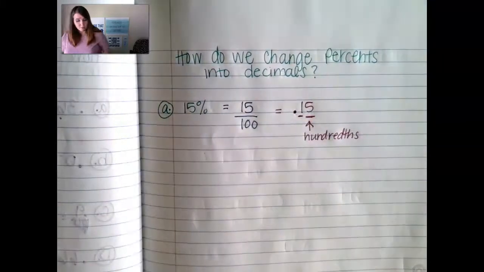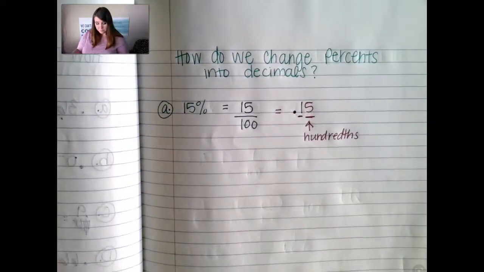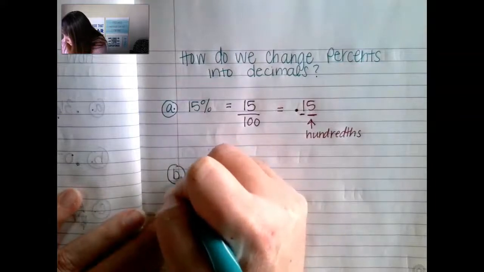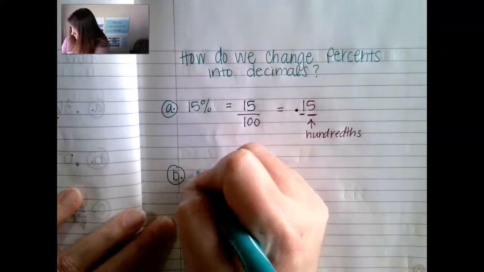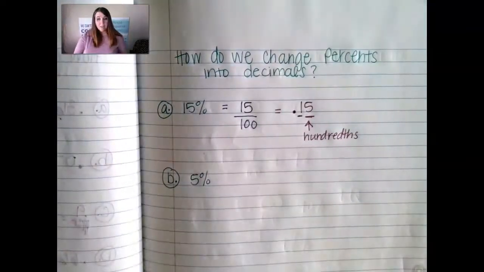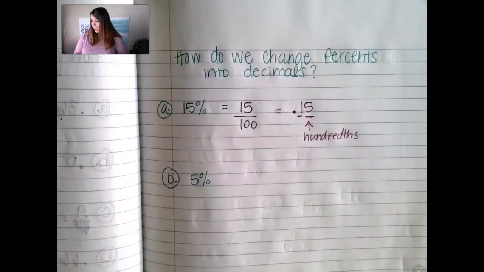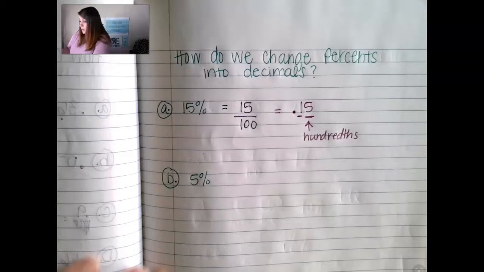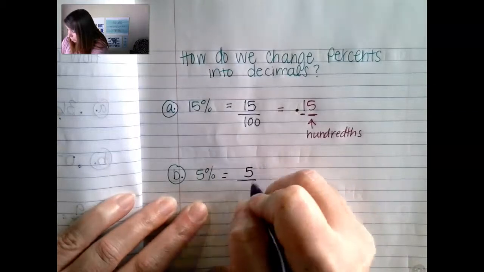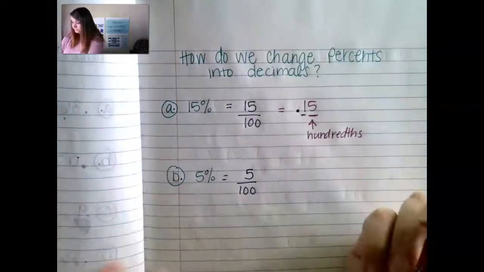Okay, let's do another problem. How about if you start with 5%? So 5%. As a fraction, we would write 5% as 5 hundredths.